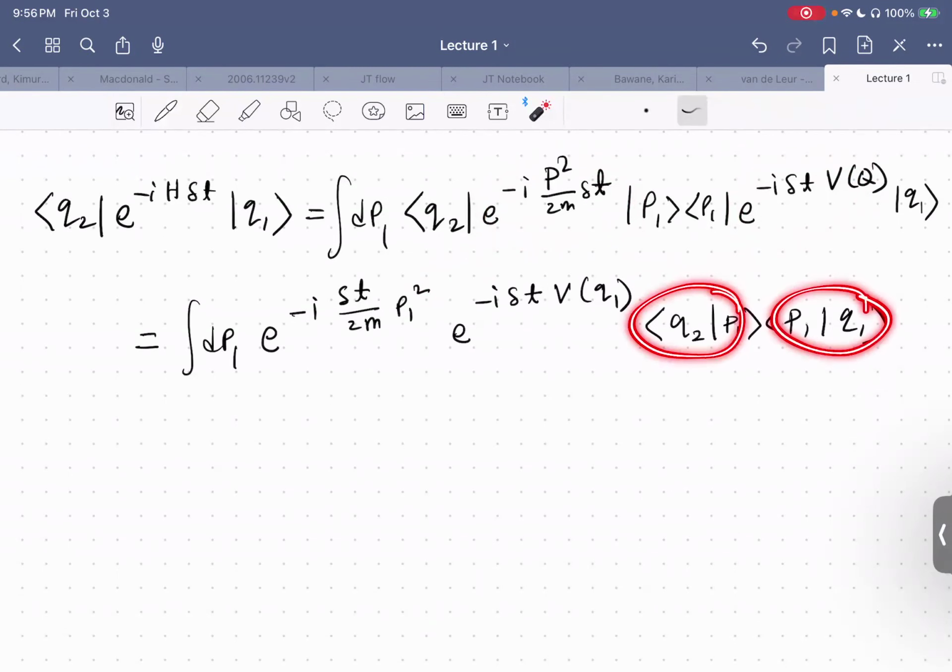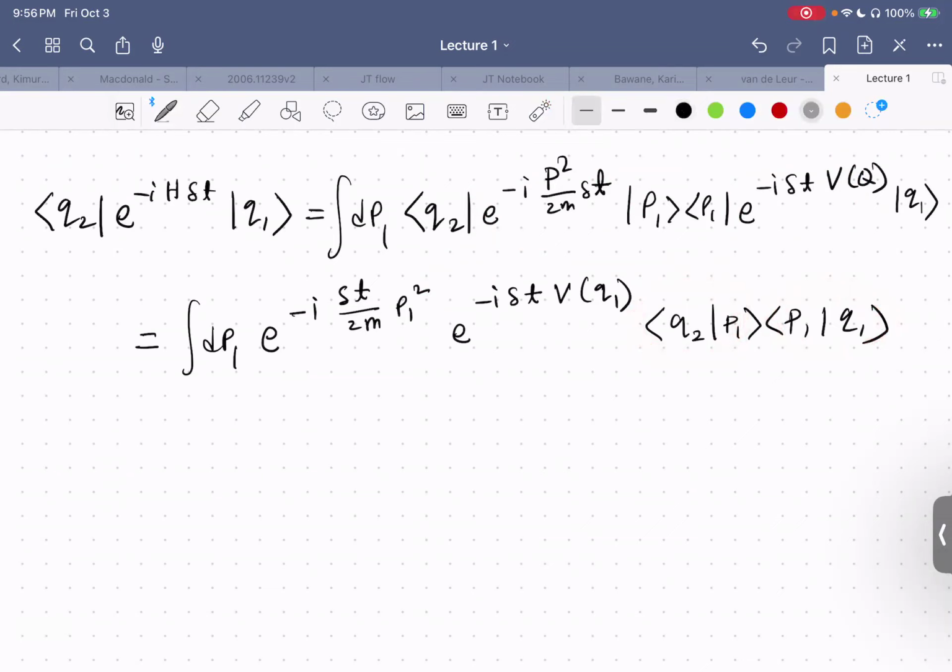And these things are also well-known quantities, right? Because we know that the overlap between position and momentum is nothing but the thing that you get when you do the Fourier transformation.